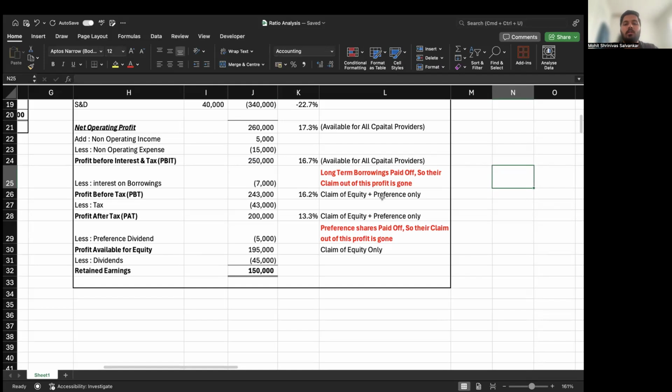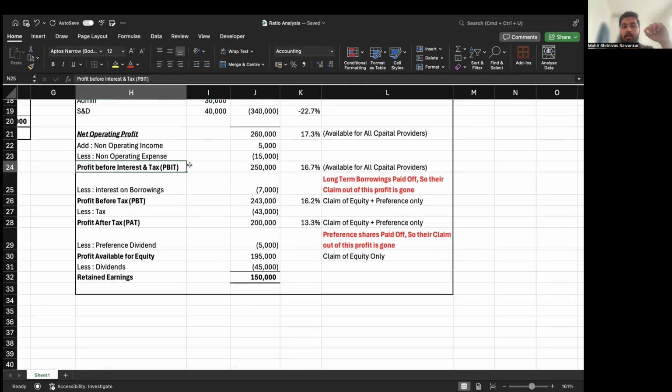Then comes the long term solvency ratio. It talks about whether, in the long term, your company has enough funds to pay all your external borrowings or not, and whether the company is at risk of getting into bankruptcy. When will that happen? It is again the same thing which I spoke about.